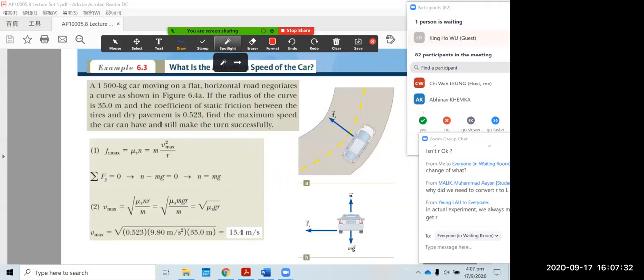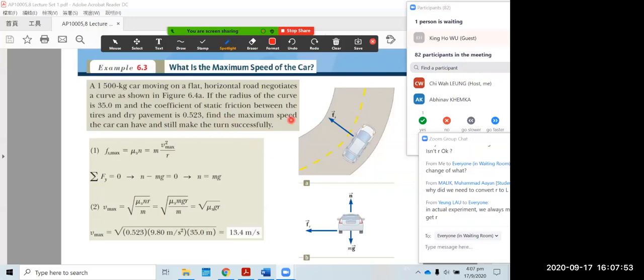So that is why we have the coefficient of static friction appearing here instead of kinetic friction, because you are not sliding the wheel on the road surface. But in any case, you have the frictional force.